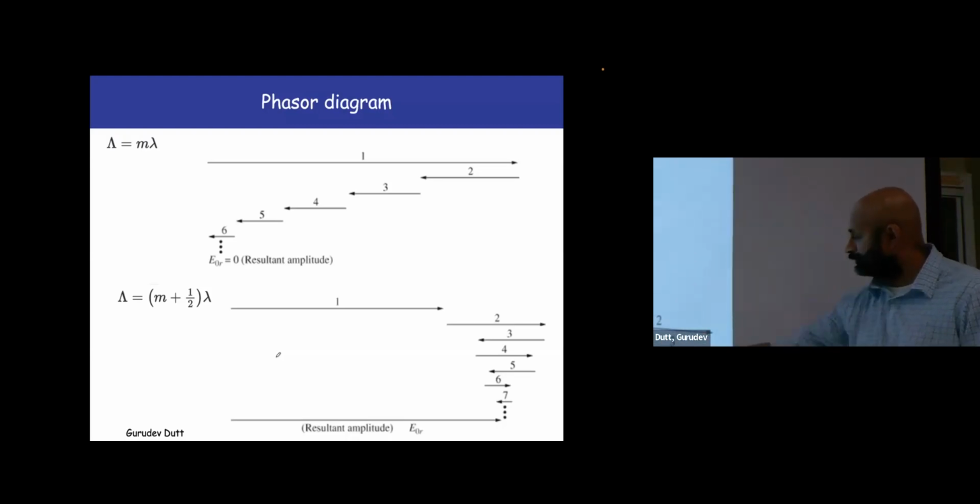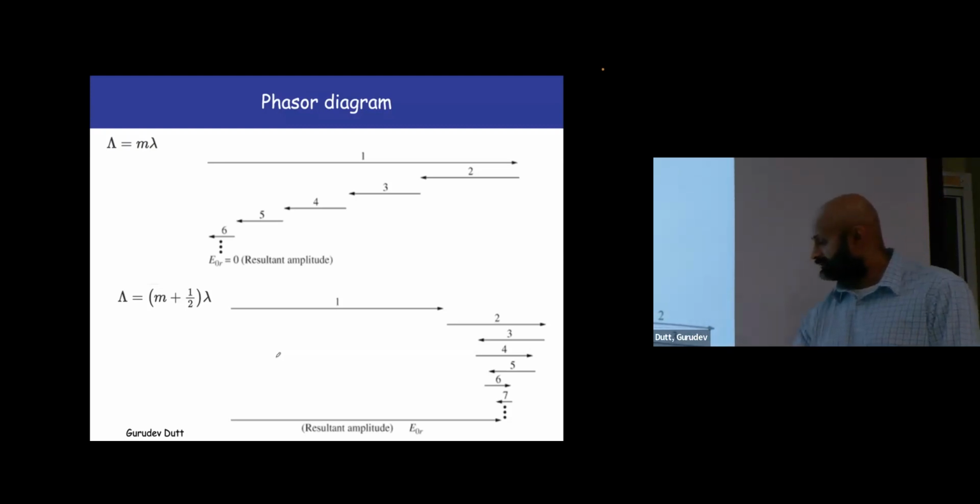But then every subsequent one again will be opposite in sign to this first one. And therefore, this sum, even though it's not as big as the original one, because all of these guys subtract from this first one, will still give me some overall resultant amplitude.